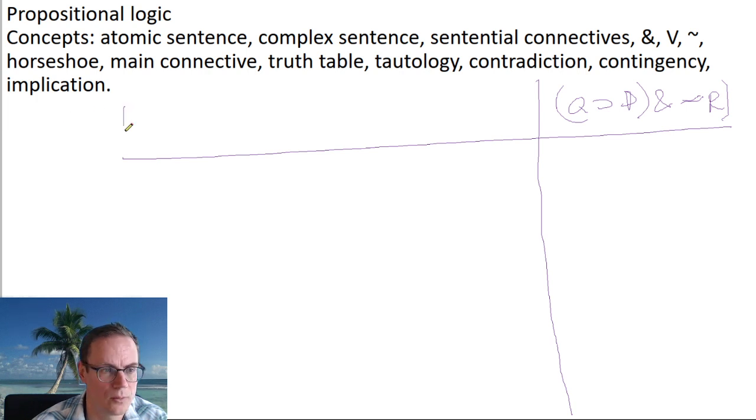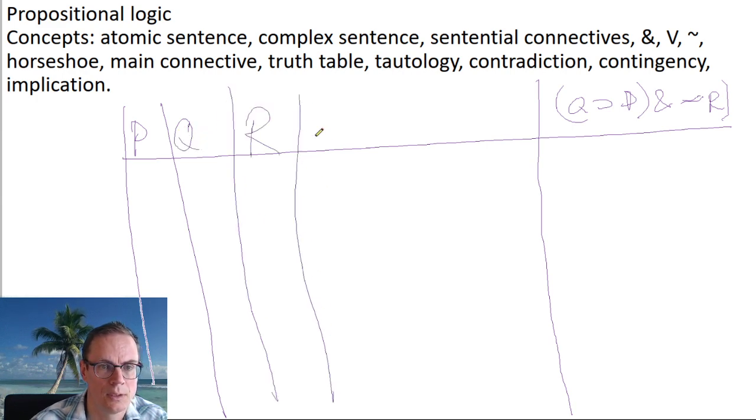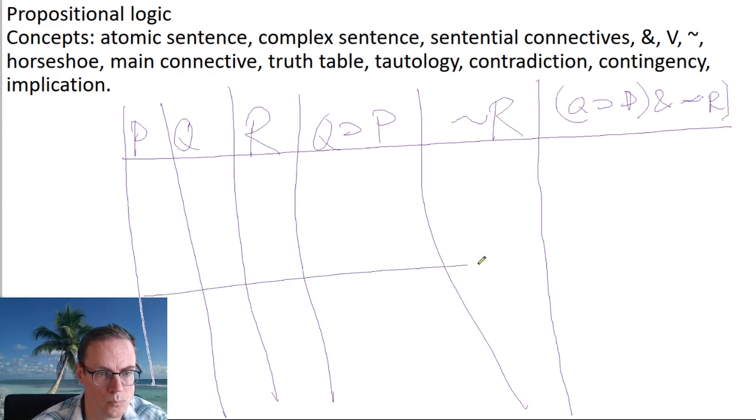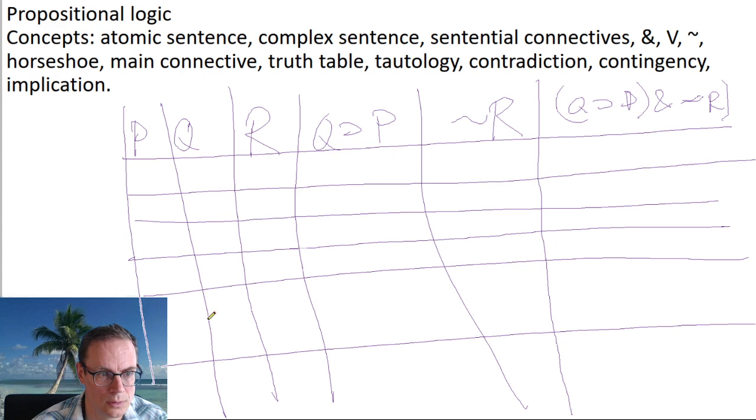So we have to somehow start with P, Q, R, and let's make a Q horseshoe P in there, and let's put not R in there, something like that.